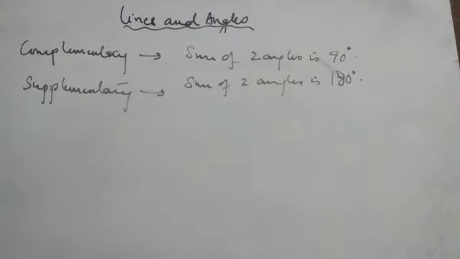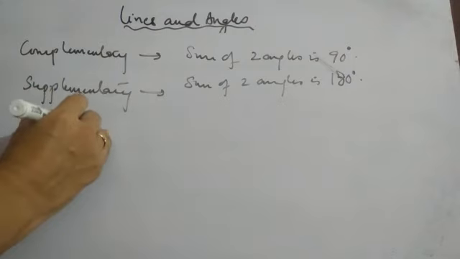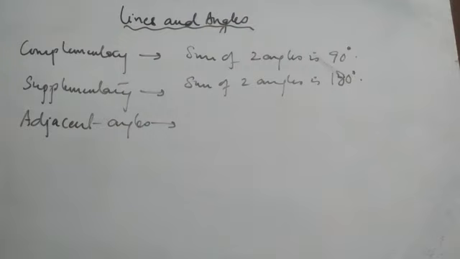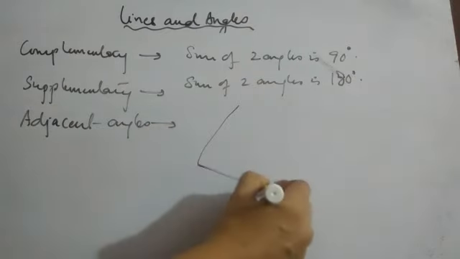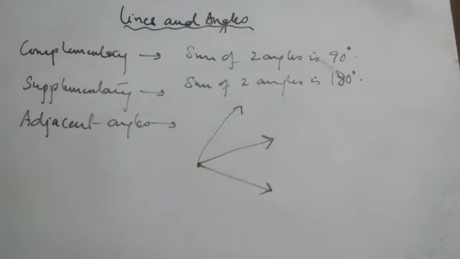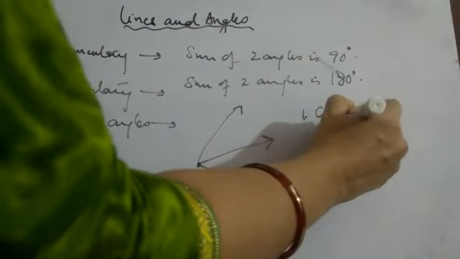Then we come to adjacent angles. That is very important. What are adjacent angles? When two angles are such that they have a common vertex, one point they have a common vertex.